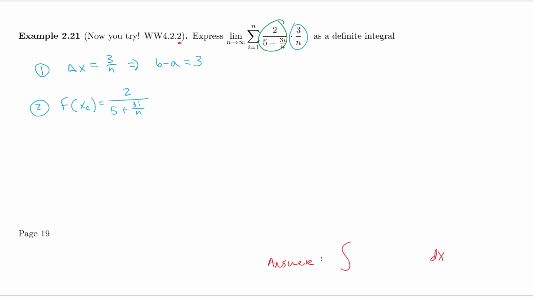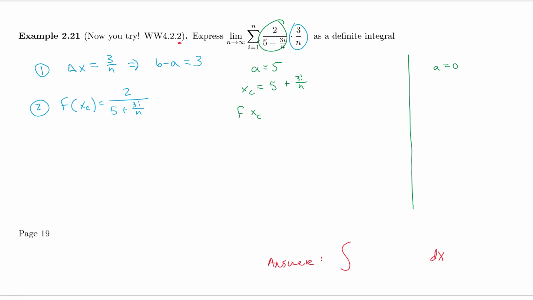Now there's really two possible obvious solutions. We can either have a equals 5 or a equals 0. And both of these solutions will yield different answers, but they will both be correct. So if a is 5, that means that x sub i is equal to 5 plus 3i over n.